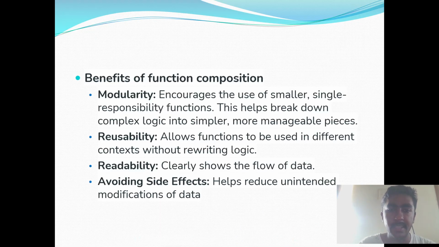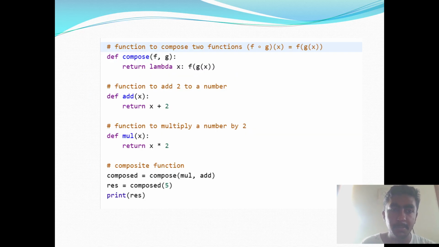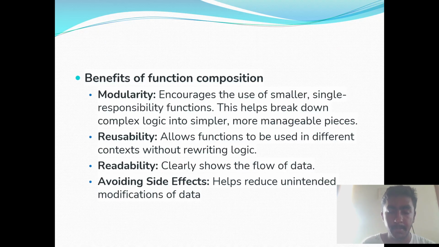Also, this avoids side effects. This simply means each function does something on its own without changing other variables or other functions. As a result, Python becomes more predictable and easy to maintain. But there is one small limitation in function composition: it generally works best when each function accepts a single input.